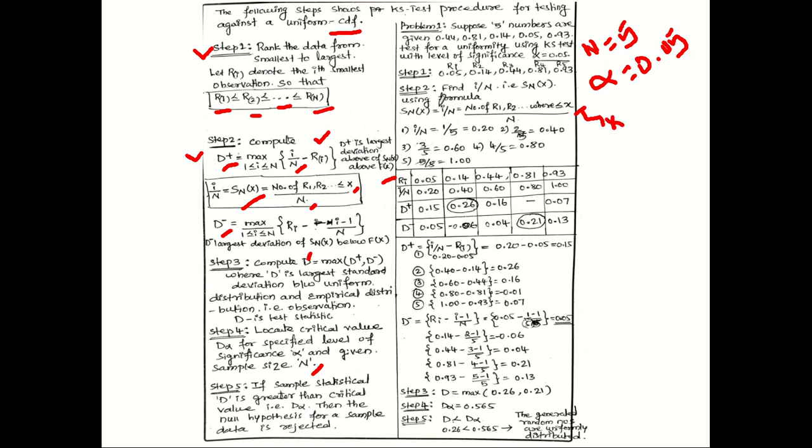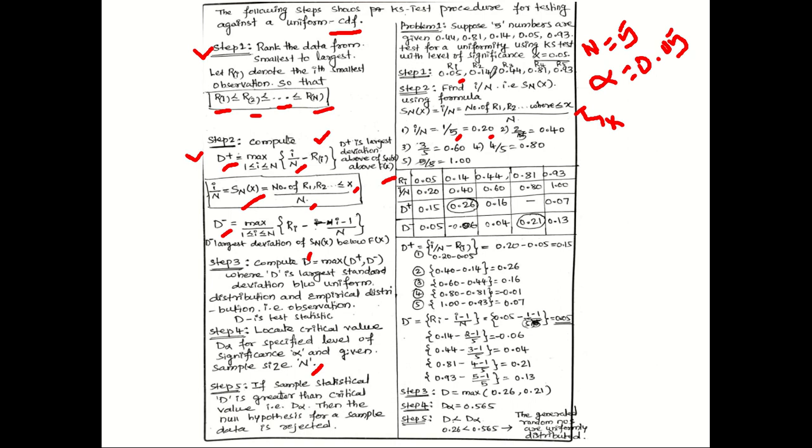For the first value, we consider the first random number, 0.05, and check how many numbers in this list are less than or equal to 0.05. This is the only one number, 0.05, which is not less than 0.05 but equal. So only one number is present, and 1 divided by n, where n is 5, gives 0.20.